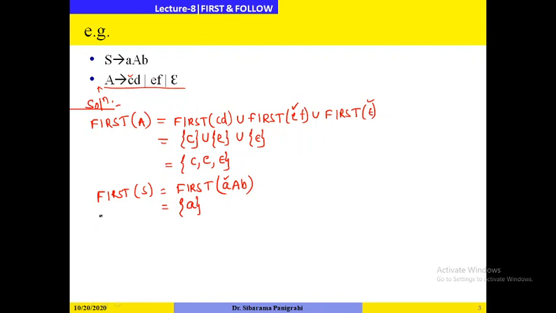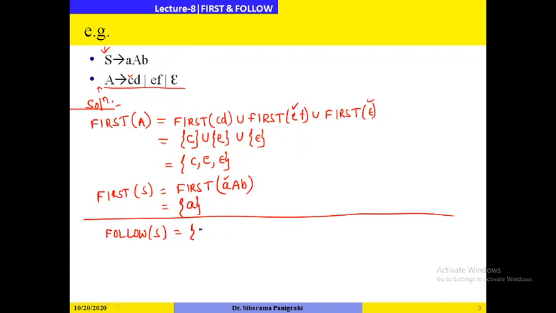Now let me go through computing the Follow. While computing the Follow, what we have to do? We have to start from the start symbol. So first I will compute the Follow of S. Follow of start symbol always contains dollar. So here it will contain a dollar.